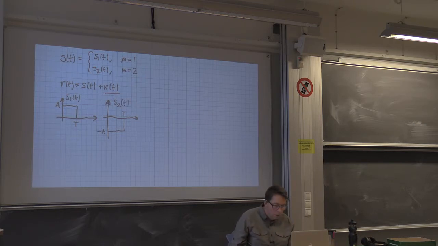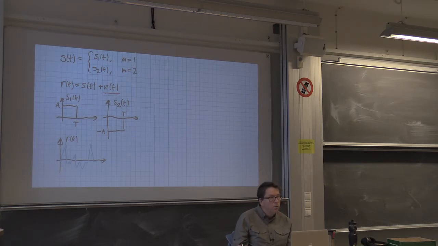Okay. Now, suppose the received signal looks something like this. So it's either S1 or S2, we know that, and then plus noise. And suppose it looks something like this. Okay.